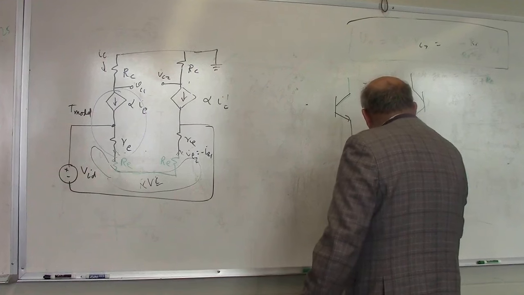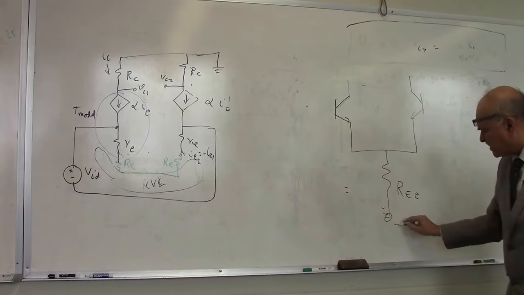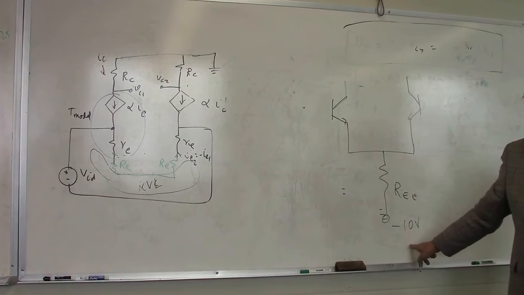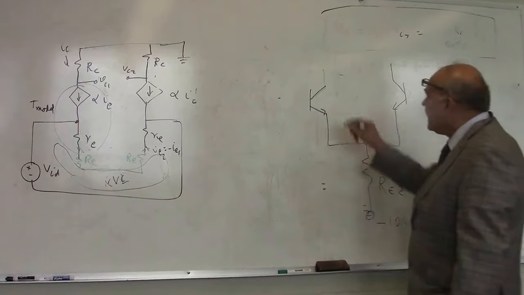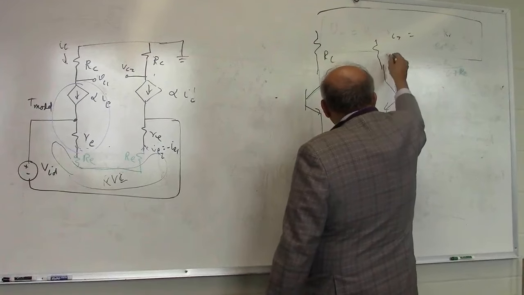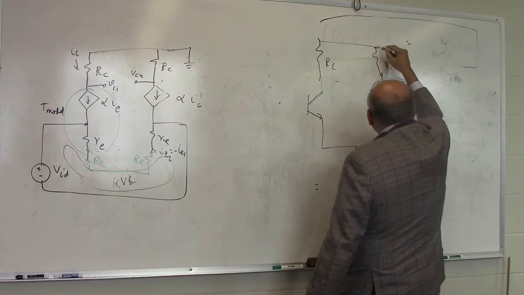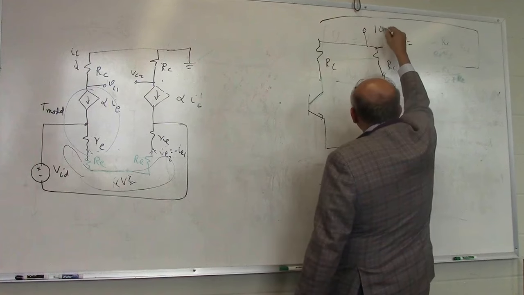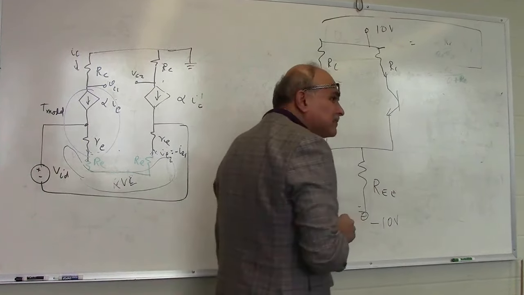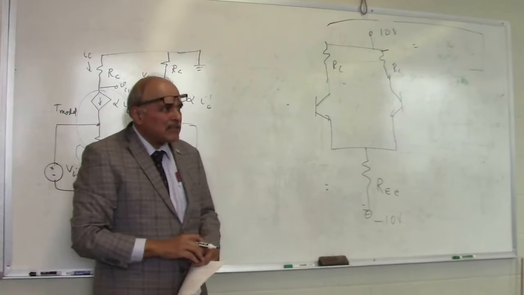Call it R capital E capital E. And this voltage is minus 10 volts, I believe, because that's given to you. And then we have RC and RC, identical, and they are connected here to plus 10 volts. I think that is also given to you. Right? And now we have to bias this circuit.